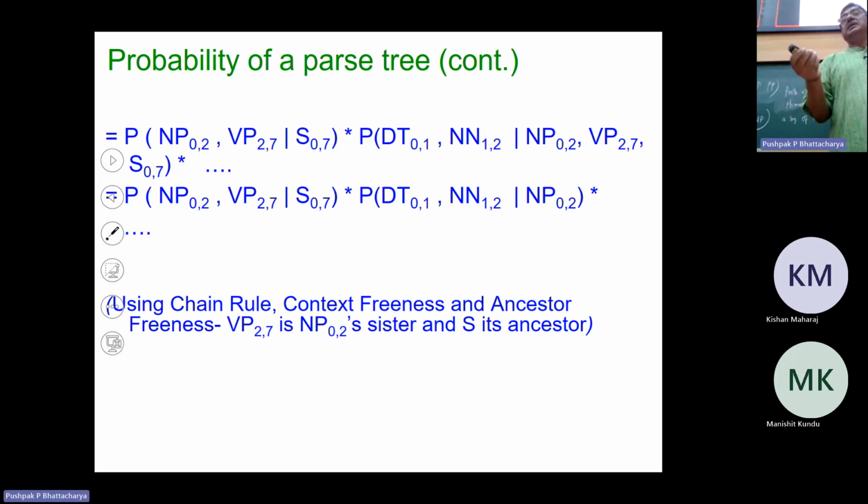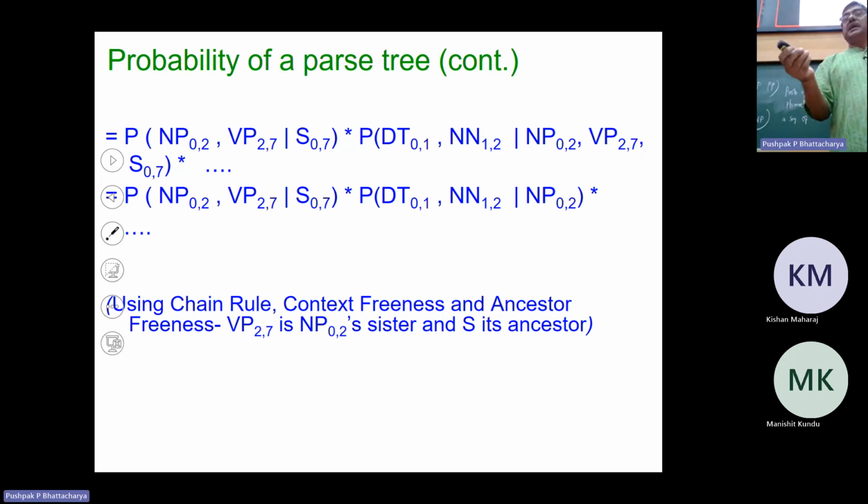Probability of DT, NN, and everything else given S, the first part of the chain rule. So this NP02 and VP27 will now go into the conditioning part, right? So we'll have the probability of DT NN given NP02, VP27, and S02.